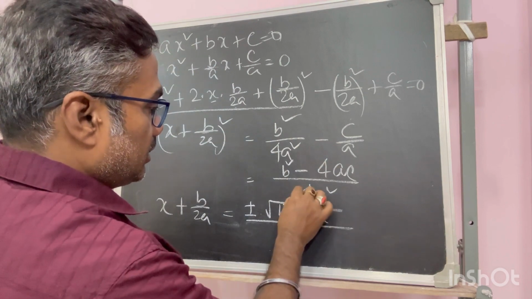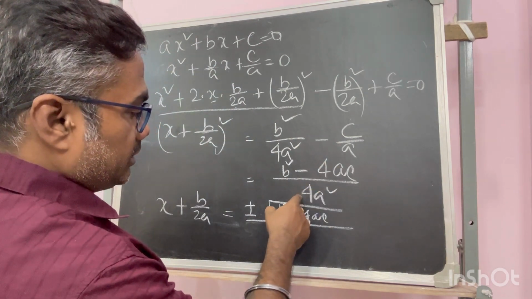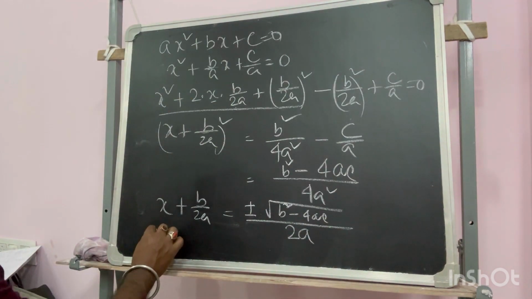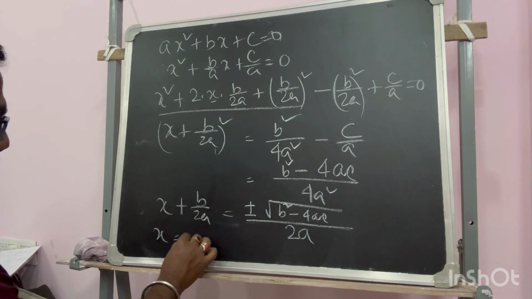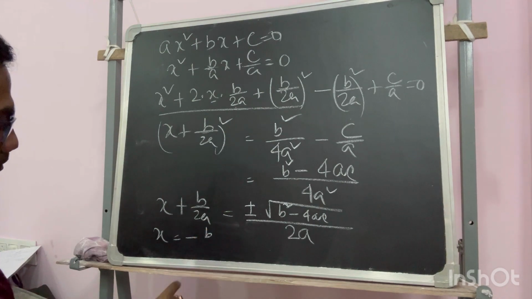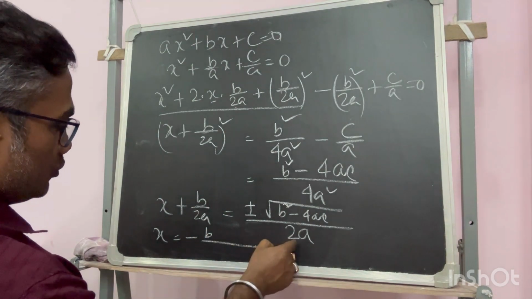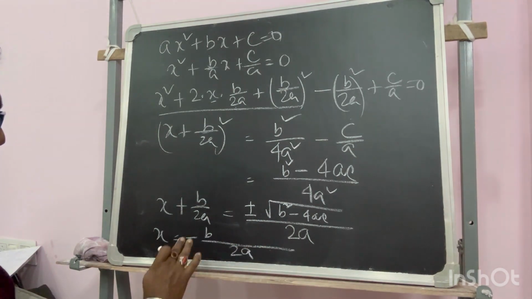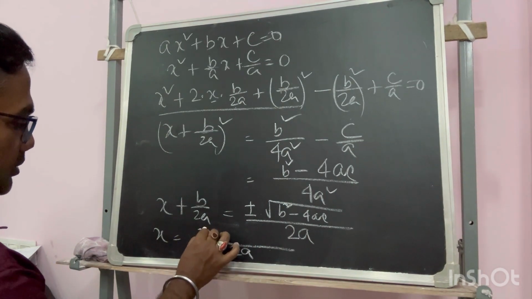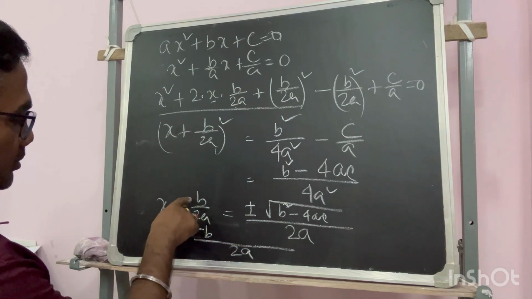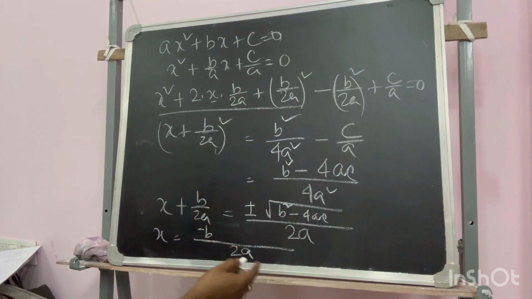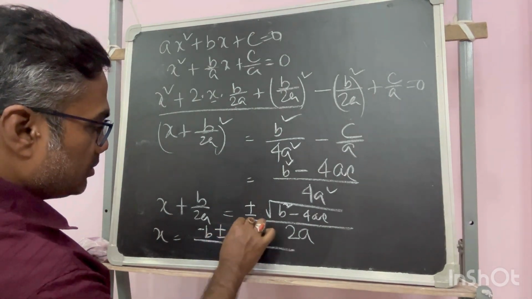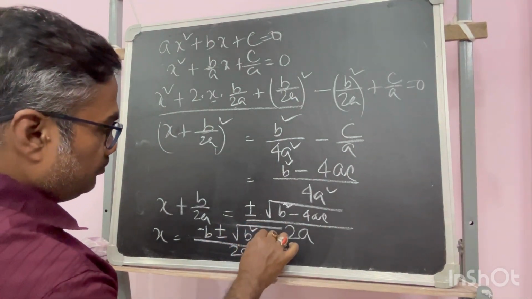Now if I do square root of this denominator, this will be something like that. So let me bring this term also in the left hand side, that will be minus b. For this 2a will be the LCM, so I will keep 2a in the denominator, and the minus sign I will stick to the b. This plus minus will remain before this term.